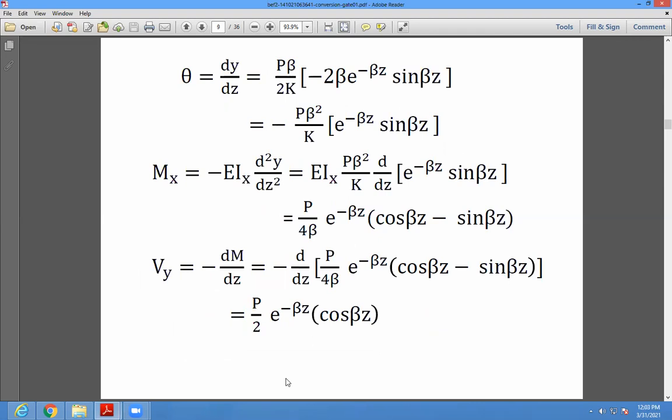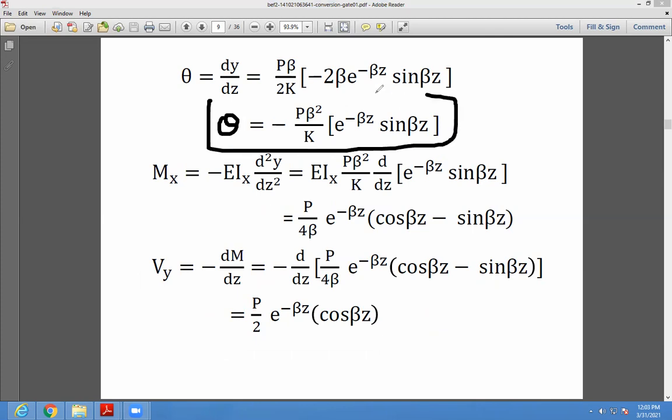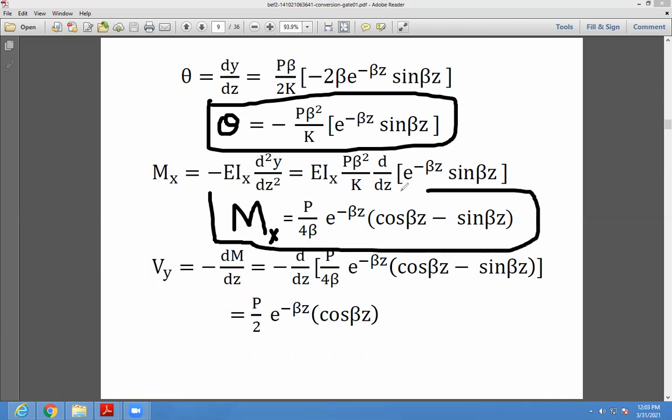Then equation of slope theta. Then equation of moment. Then equation of shear.